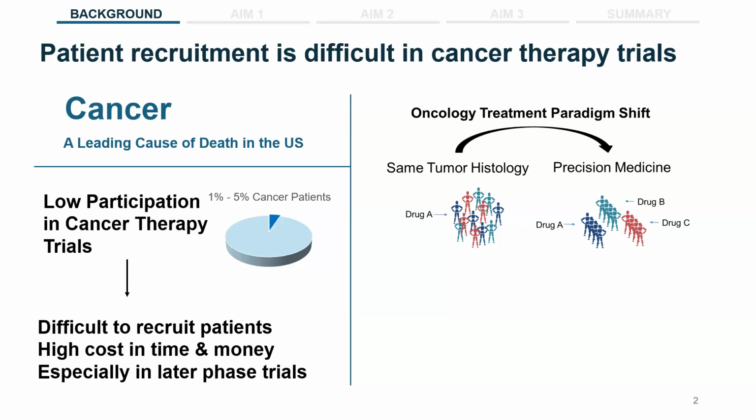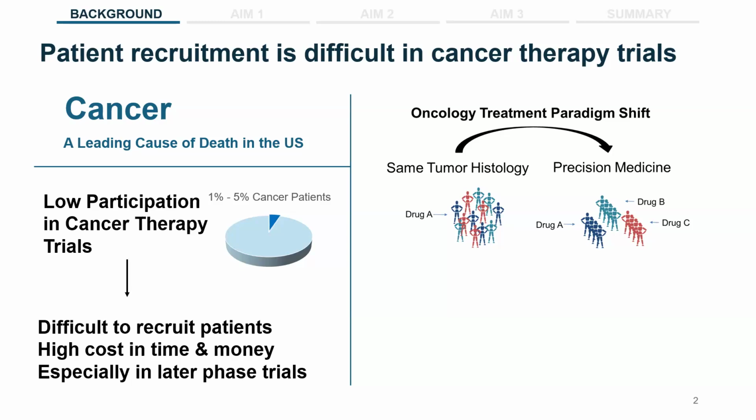to recap. I was saying that cancer is still one of the leading causes, and only a very small amount of cancer patients participated in cancer therapy trials. So it makes it very difficult to recruit patients and maintain the cost for clinical trials, especially for later phase trials.